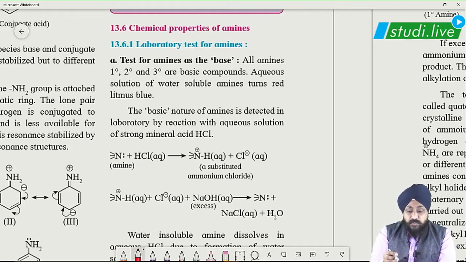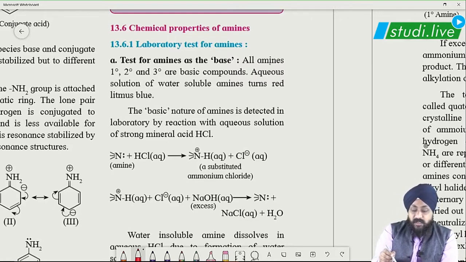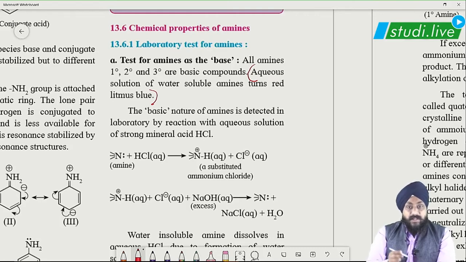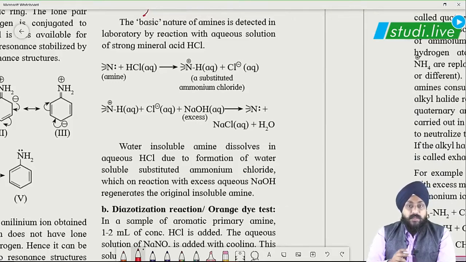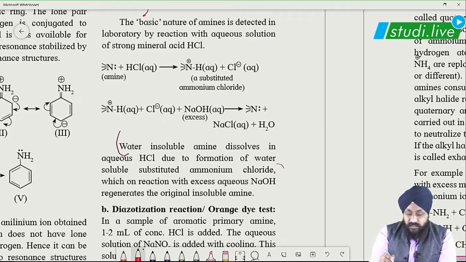So the aqueous solution of a water soluble amine turns red litmus into blue. The basic nature of amine is detected in the laboratory with an aqueous solution of a strong mineral acid. As you put a mineral acid in it, it is going to form your salt. The water insoluble amine dissolves in HCl to form water soluble substituted ammonium chloride. So students, this is going to be the case over here.